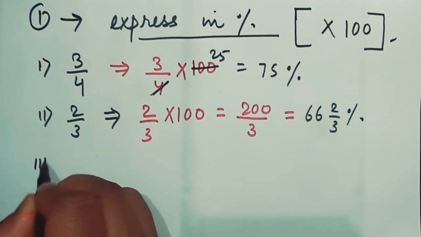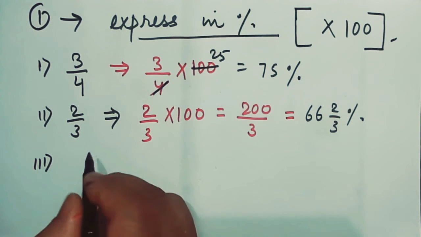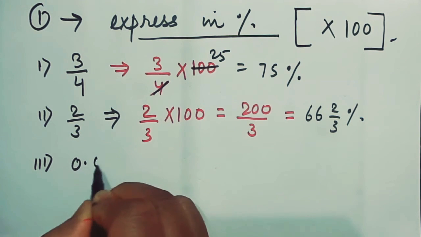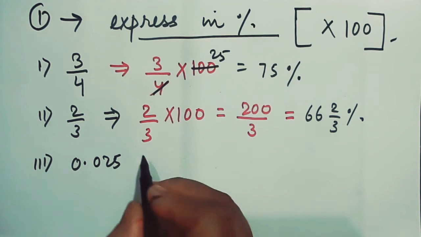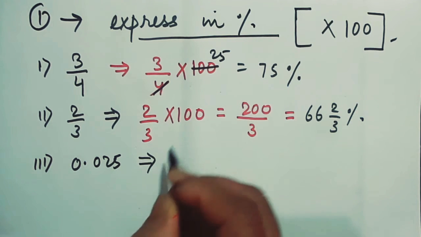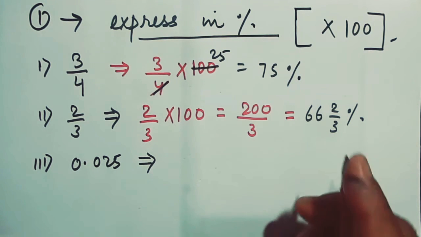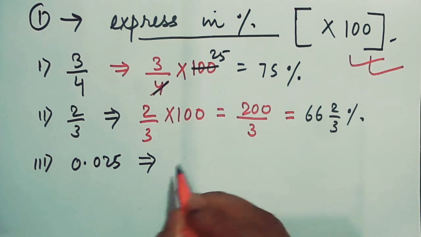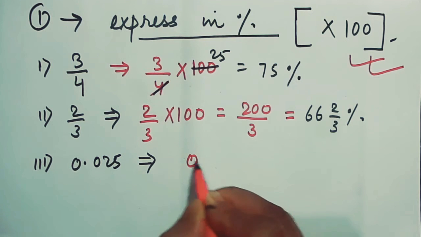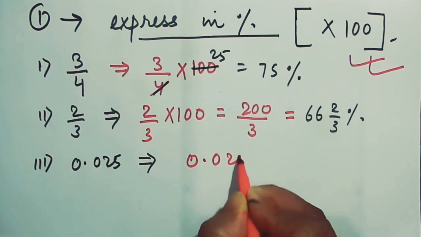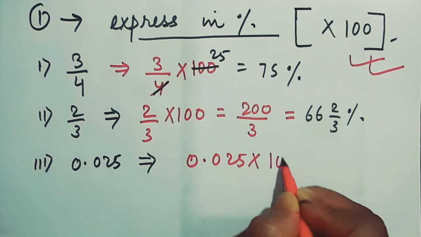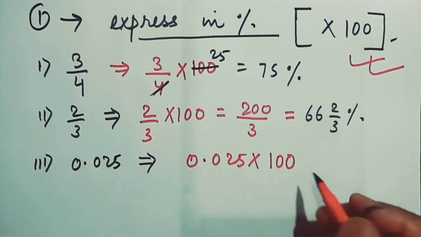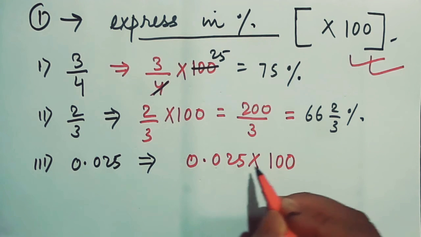Similarly, in number 3 we have 0.025, and how to change it into percentage? By multiplying it by 100. If you multiply 0.025 by 100, naturally the decimal will shift.